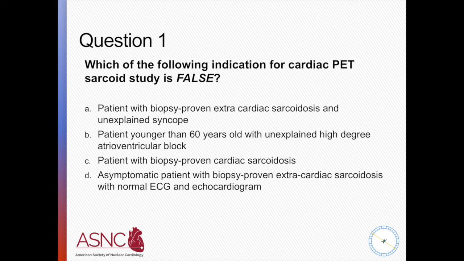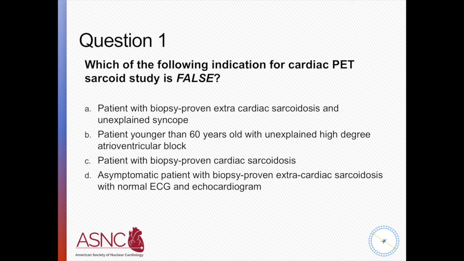In the right clinical scenario, I think a PET would be of help, especially given that we know now from evidence that usually these AV blocks and conduction abnormalities occur during the inflammatory phase of sarcoid, and PET is ideal for detecting that active inflammation.